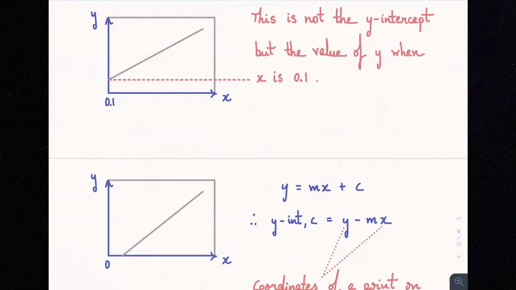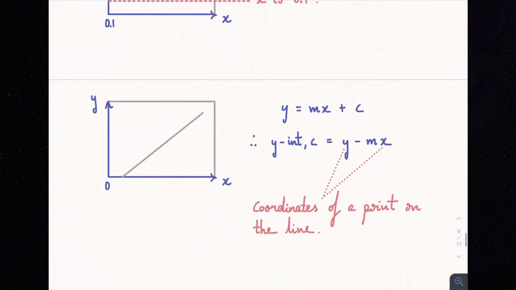So, in such cases, what we do is simply that we determine the y-intercept by calculation. We start from the general equation of a straight line graph, which is y equals mx plus c. Hence we get y-intercept c is equal to y minus mx.